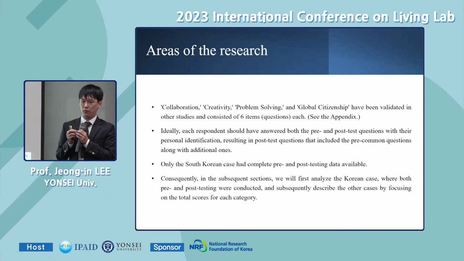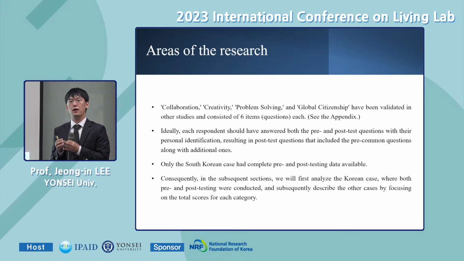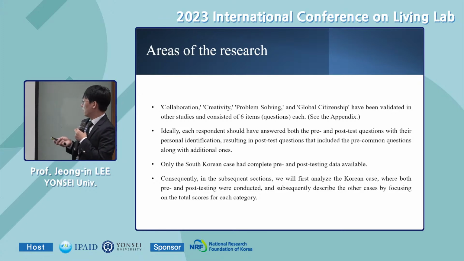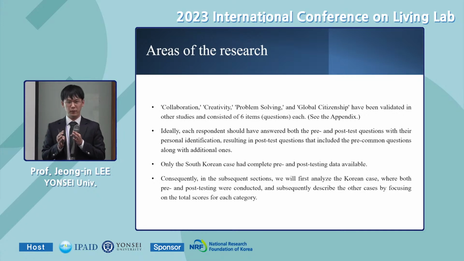So we got the complete outcomes only at Yonsei University, and for other universities we got the questionnaires in the pre-survey and the additional questions in the post-survey. So it's kind of limited. We met a limited situation to evaluate and analyze the data properly and fully.